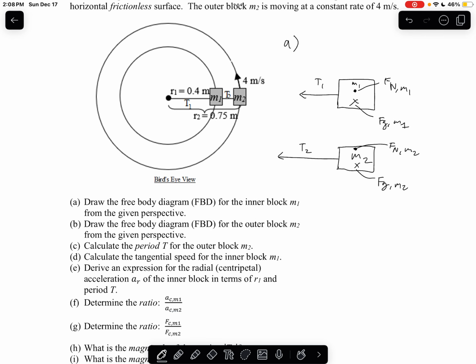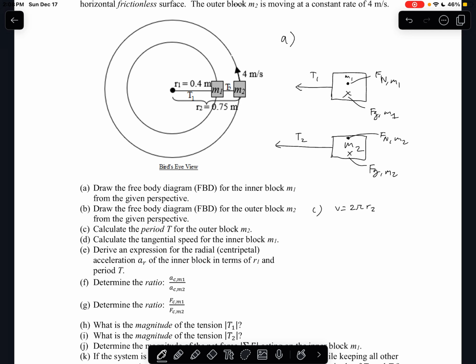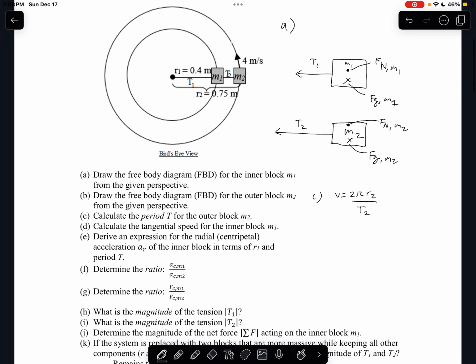Now to calculate the period of the outer block M2, I can do V equals 2 pi R2 over T. Oh, that's for period, not the tension. I just put T as that because you don't need a subscript for the period, because you have the same period for both blocks.